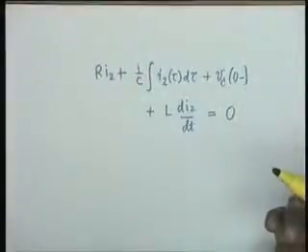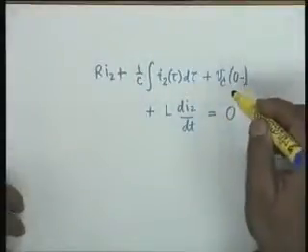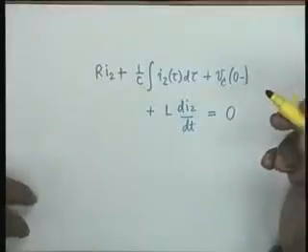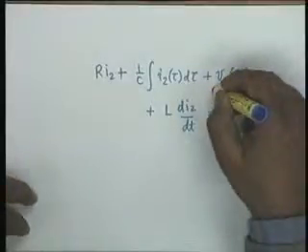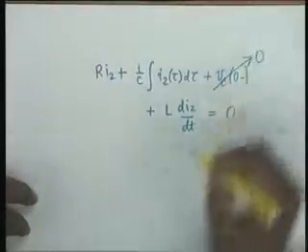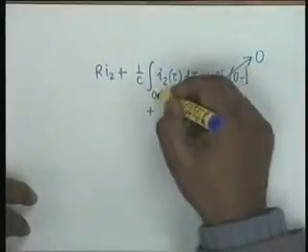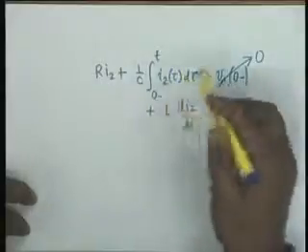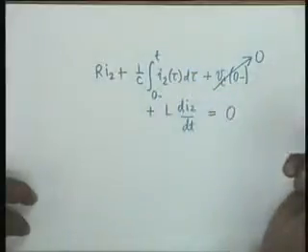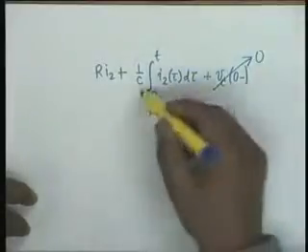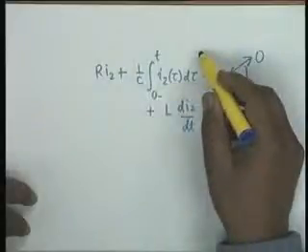Okay. So, if I put in this equation t equal to 0 plus, Vc 0 minus is 0. And this integral would be from 0 minus to t. If I put t equal to 0 plus, then obviously this will also be equal to 0.